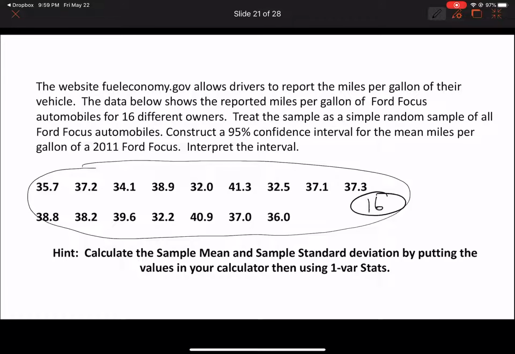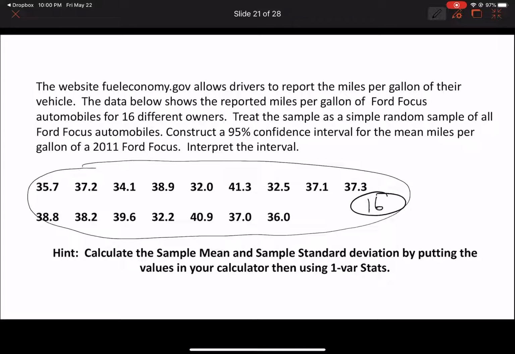This is a simple random sample of all Ford Focus automobiles, and we are going to assume that they're normally distributed. I would like you to construct a 95% confidence interval for the mean miles per gallon of 2011 Ford Focus, and then interpret the interval.